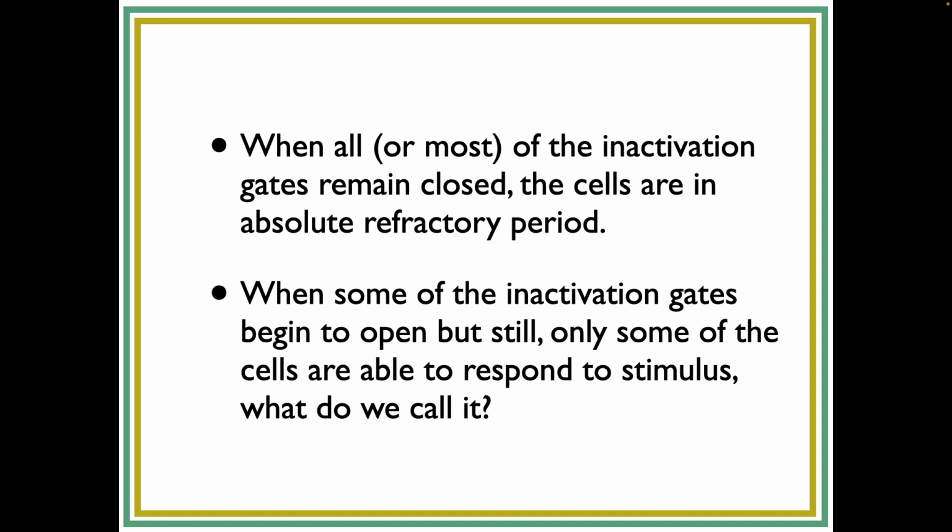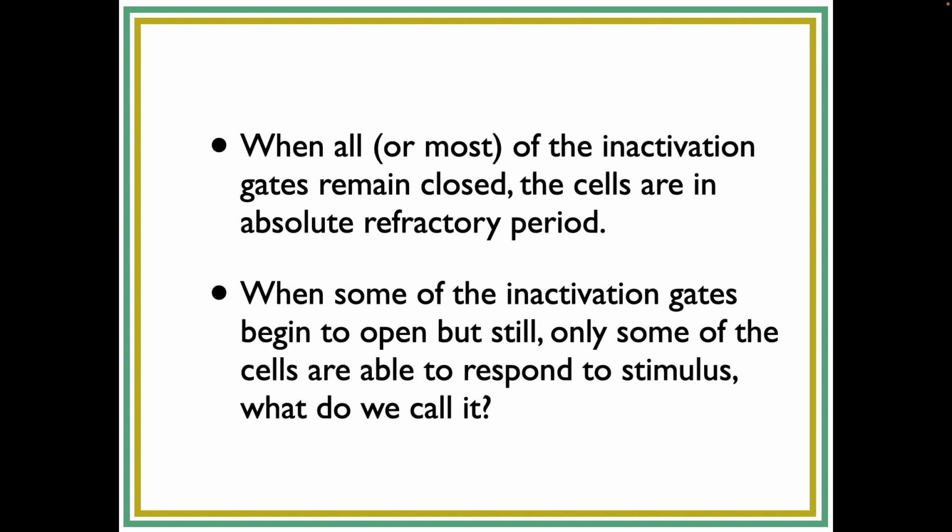When some of those inactivation gates, we're thinking of the whole heart now, some are open, some are shut, then some of them can depolarize and others cannot. The important thing to know about the heart, what keeps things in line and healthy, is synchronized, specific means of depolarization and contraction.